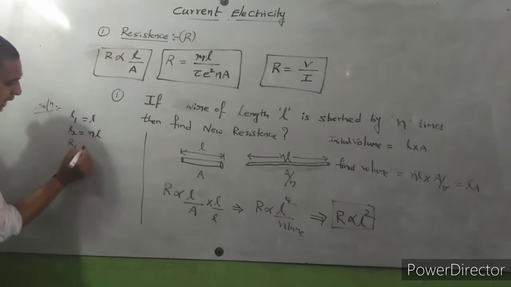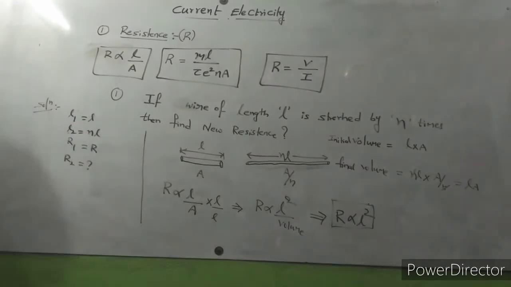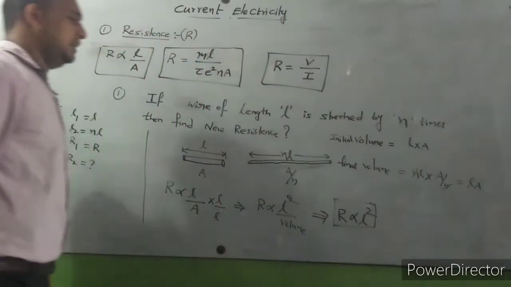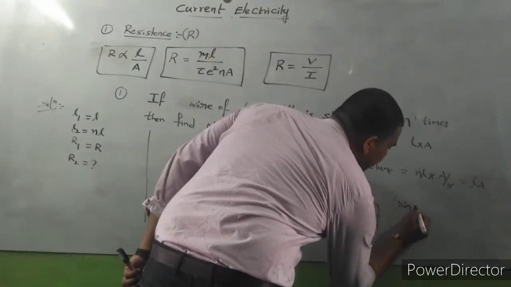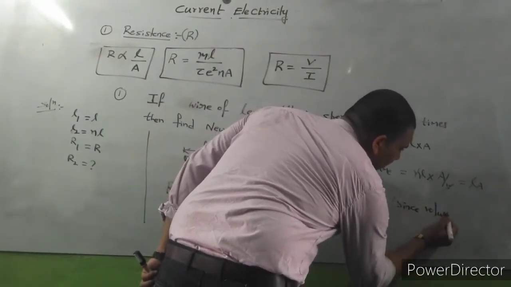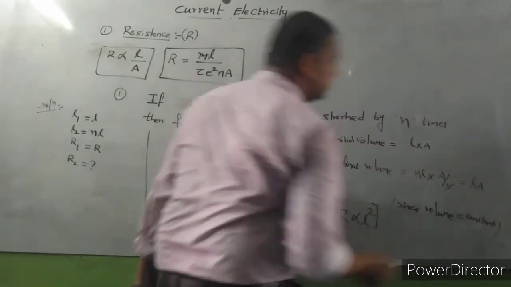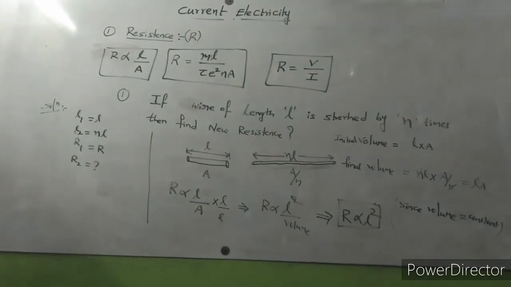R1 is equal to R, and we need to find R2. Since volume is constant, resistance is directly proportional to L square.